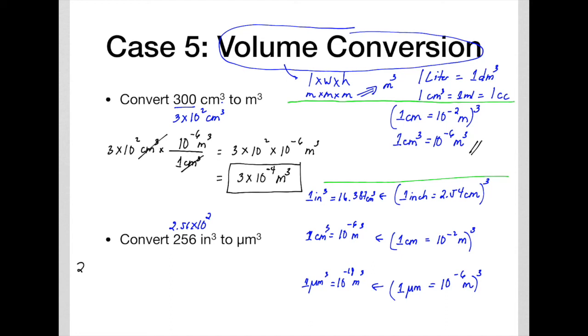We have here 2.56 times 10 raised to 2 inches cube times, so let me have this, for every 1 inch I have 16.387 centimeter cube.